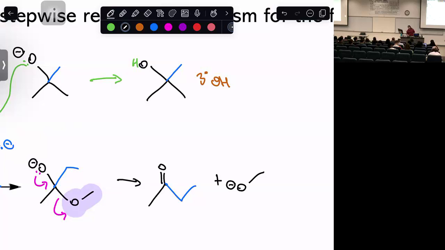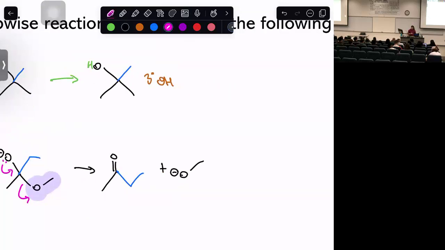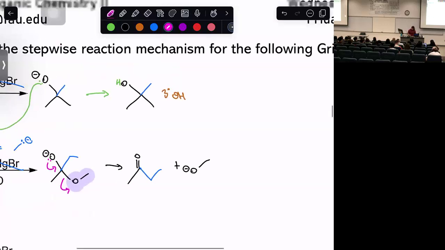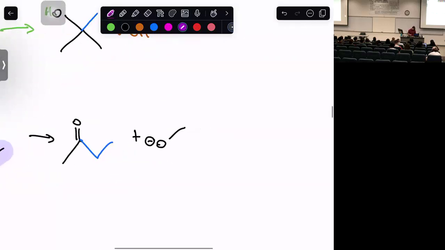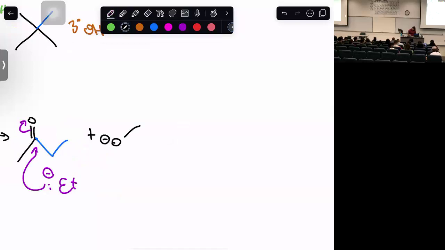Okay, is that it? What do I have to do now? I have to do the nucleophilic attack once again, because remember, for these reactions we don't want any double bonds left over. So in this case, what nucleophile is gonna come back? The ethyl group, exactly. Ethyl just comes back again, attacks, and you kick up your electrons once again. And then you still have your little byproduct in here.